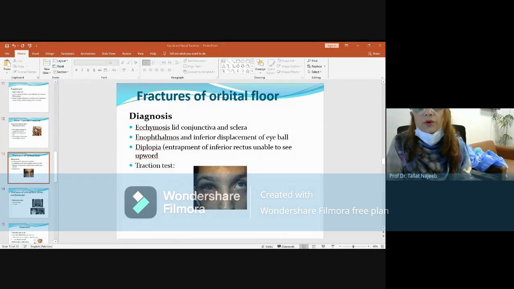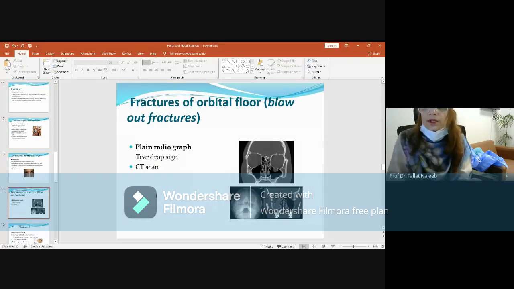Then you can perform traction tests like this. Okay, you can see that there will be entrapment of inferior rectus muscle. So 100% diagnosis will be made by CT scan. You will advise X-ray PNS, that is occipitomental view. In this view, you can see maxillary sinus, and there will be herniation of orbital tissue.